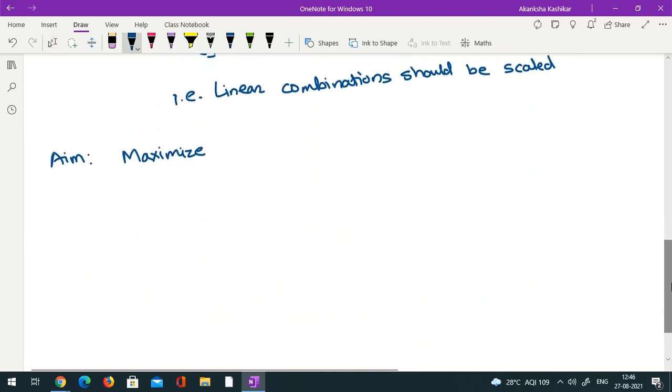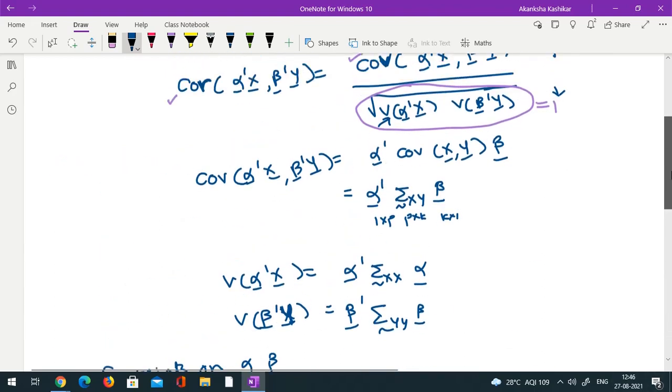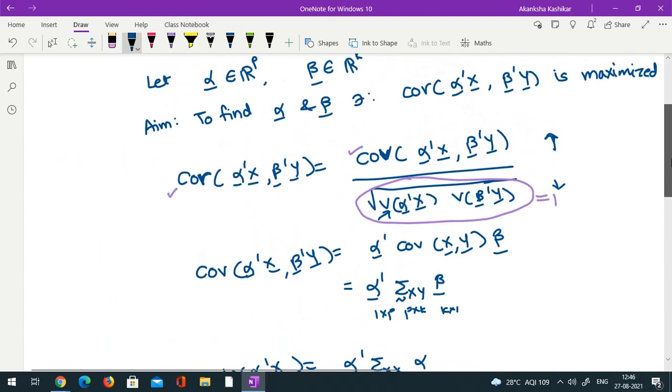So maximize. I want to maximize the numerator only now because the denominator I am anyway going to fix to 1. The numerator is the covariance, which is alpha prime sigma xy beta.